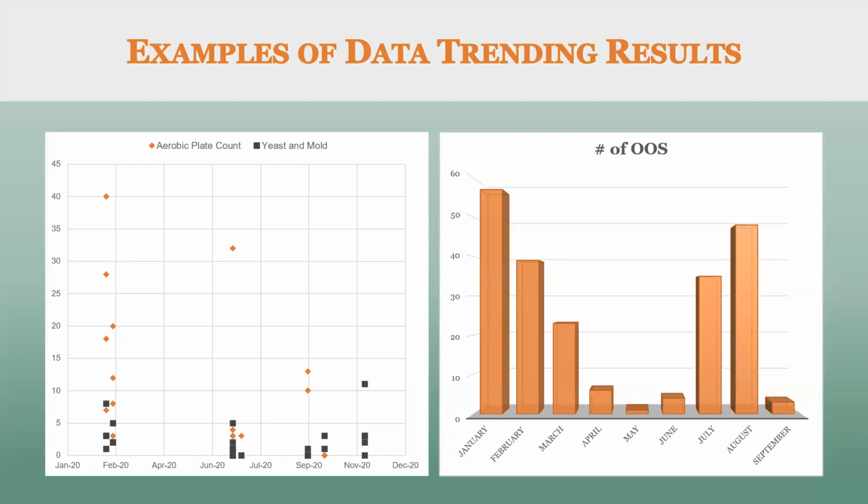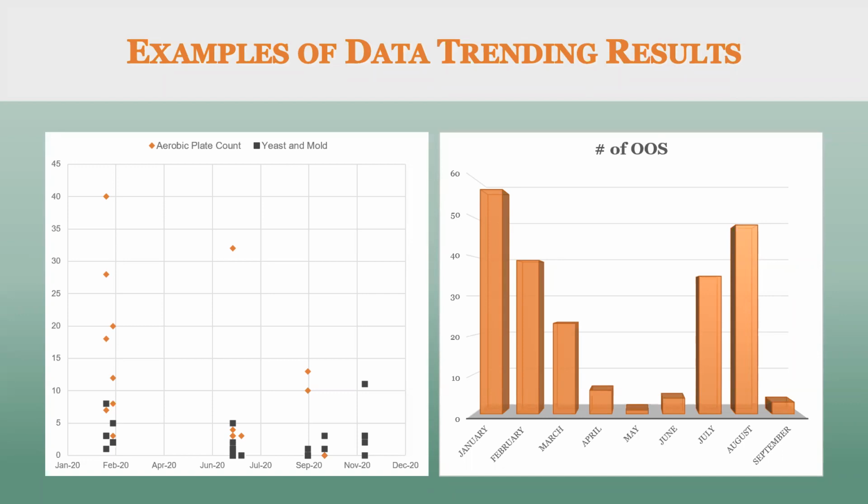And then on the right is the result of out of specification sampling. This can be pathogen positive. It can be Listeria species, the indicator positive, and then you provide the number of positives in different months. See what happens.